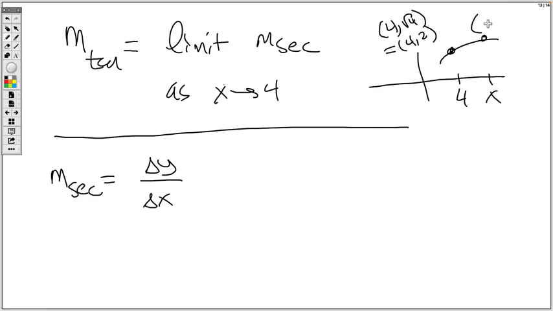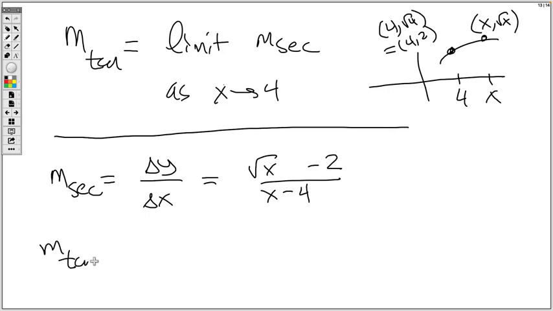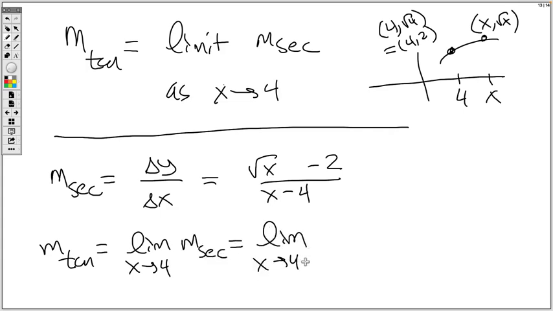And we've got x comma root x. So we would have the square root of x minus 2 over x minus 4. And so the slope of the tangent line would be the limit as x goes to 4 of the slope of the secant line, which would be the limit as x goes to 4 of square root x minus 2 over x minus 4.